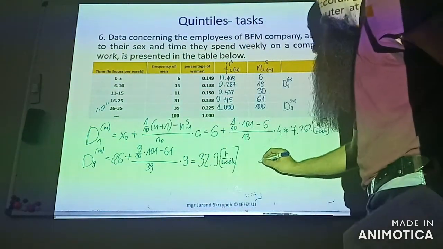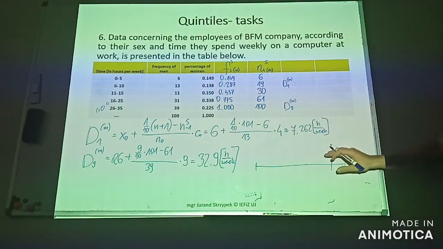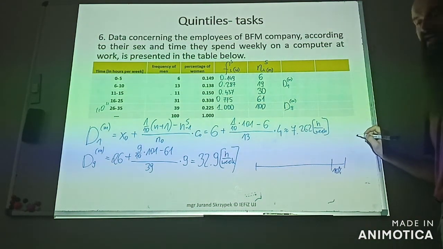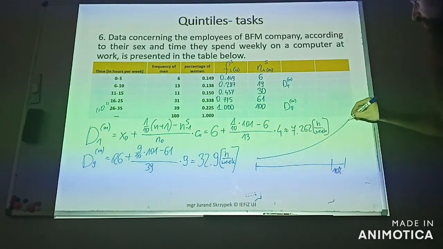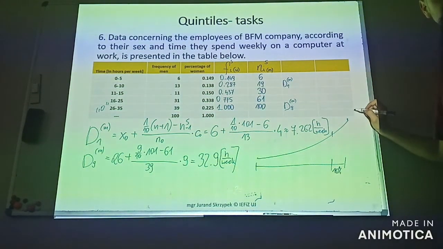So here we have indicated the most extreme groups. The most extreme group, 10% of men who spend the most time in front of the computer.